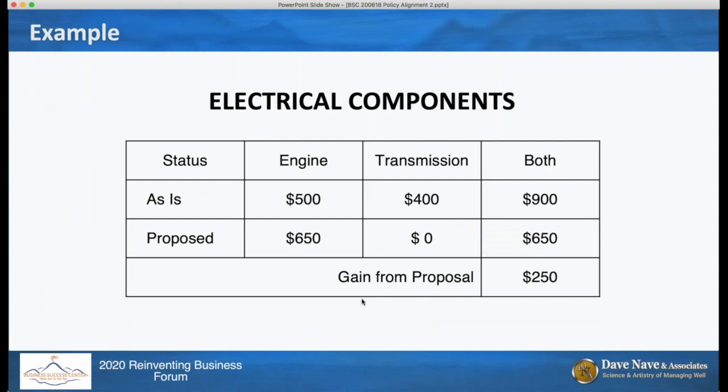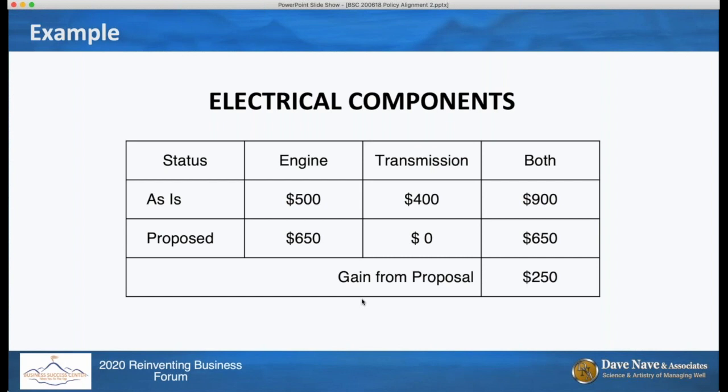This is an old example, but it still works. You have the electrical components on an engine, and there are electrical components on a transmission. As it is, the engine costs $500, the electrical components on the transmission are $400, so both of them are $900.